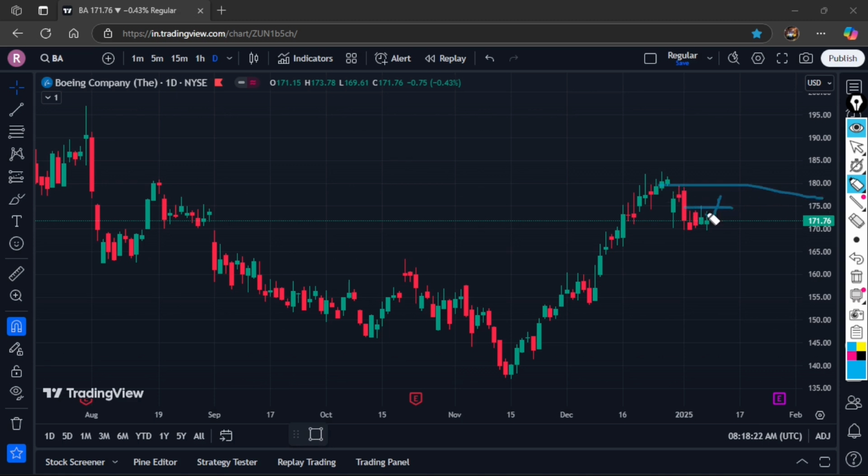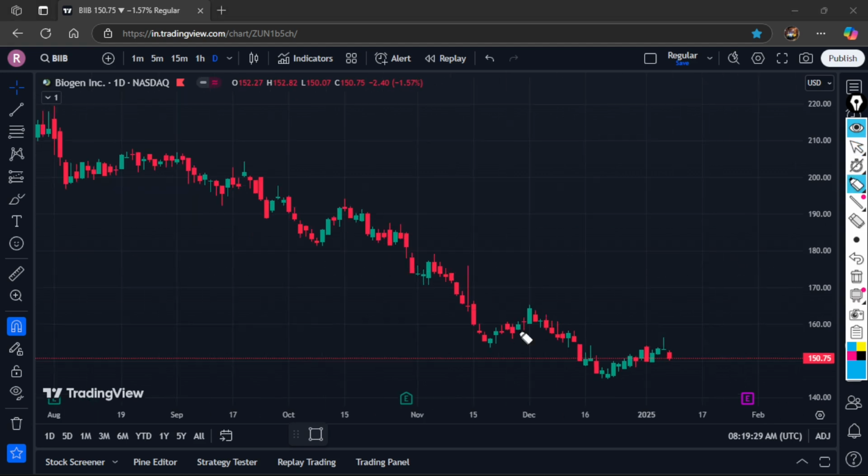Buyers can try to come here, so we can try to catch this moment. Other than that, I'm not expecting any other move, and I'm not on the selling side. If it tries to go upside, then I'm interested in buying rather than any other side in BA.